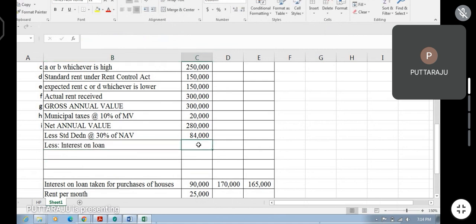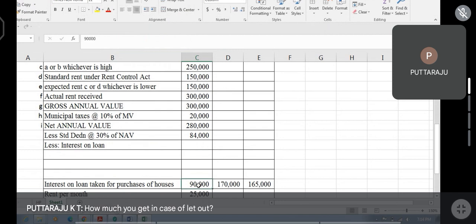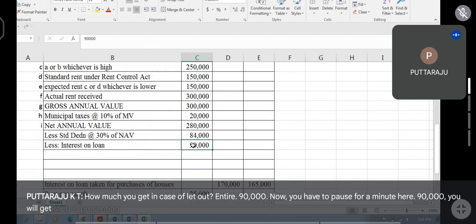How much do you get in case of let out? Entire 90,000. Now you have to pause for a minute here. 90,000 you will get for let out.